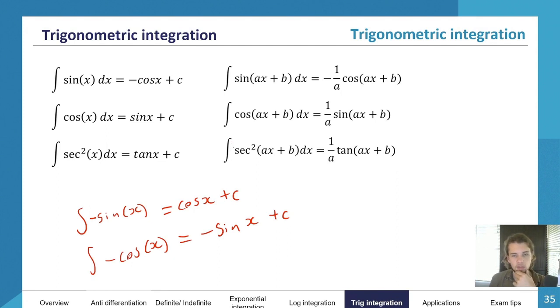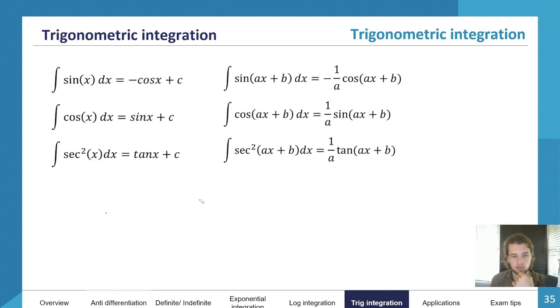Look at these formulas. These are, I think, the ones you get in your formula sheet, which aren't exceptionally helpful, considering there's much more, like this sine only has an x inside of it. But for example, let's say we have cos 2x plus 1.